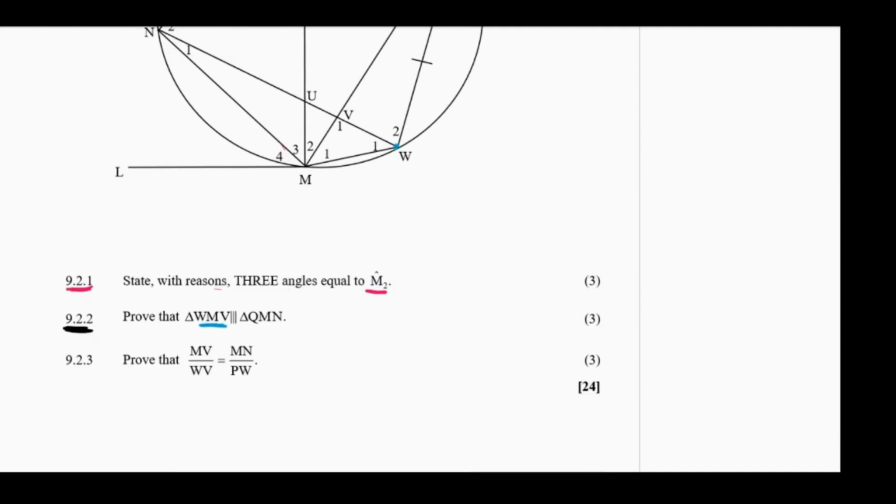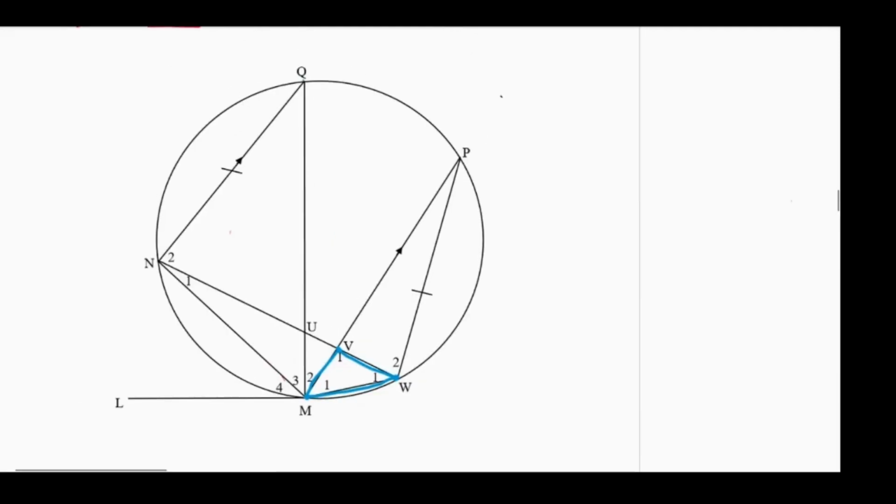So there is W, there is M, there is V. So if we draw the triangle, it's going to look like that. And then triangle QMN. So I'm going to do it in red. QMN. So it's Q, M, N, like that.